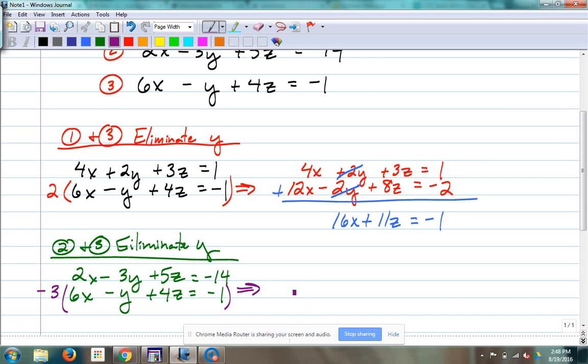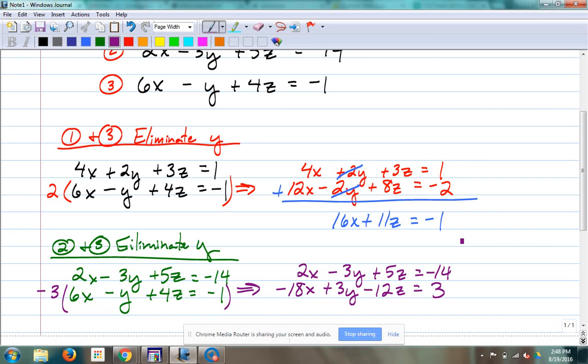That's going to give us negative 18x plus 3y minus 12z equals positive 3. And then the top one doesn't change. Like equation number 2? Yeah, I didn't need to change it.